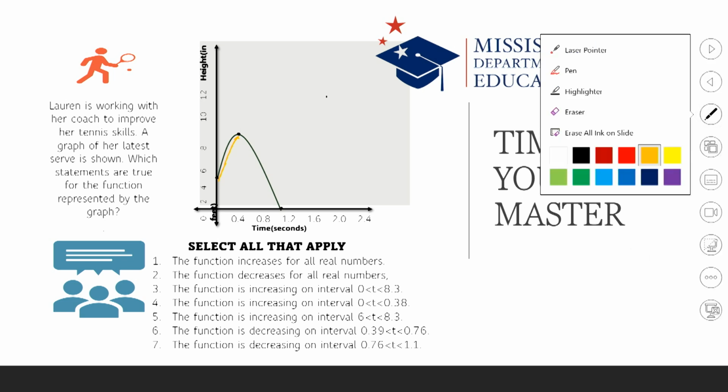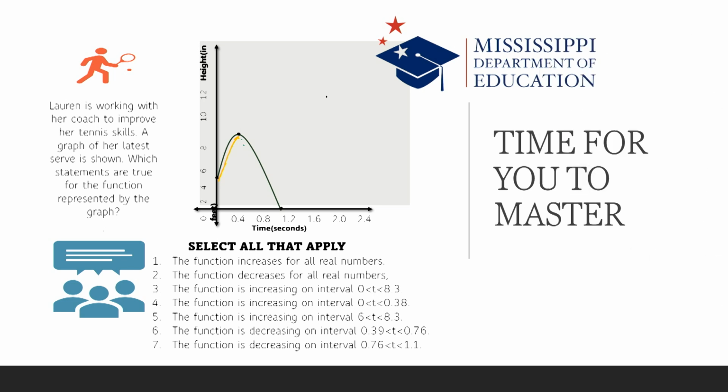Then I notice that I start decreasing, decreasing, decreasing, decreasing. So I know one is not true. I do not increase for all real numbers. The next one says I decrease for all real numbers. Well, we just said that that's not true either, because I do have a portion of this graph where I do increase. So I know this one's not true.